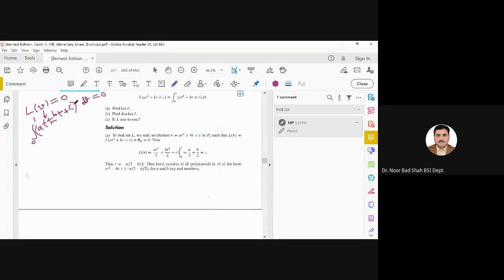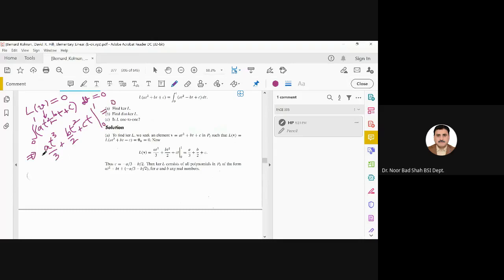So this is our V. If you integrate this one, the integral of at squared will be at cubed by 3, then bt squared by 2, plus ct, and we put limits from 0 to 1, and that is equal to 0.